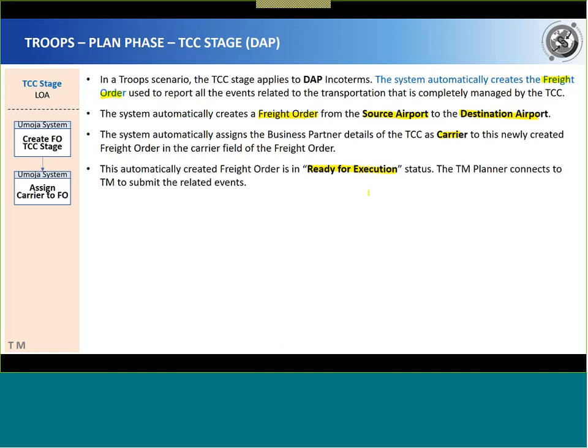So definitely the system allows to do that. So at the moment, we do the upload of the Excel file. The system creates the forwarding order, creates the freight unit, and creates the FO. Okay, so also the FO is already ready for execution, and it can be managed from TM. So we said that TCCs will not have access to the carrier collaboration portal as freight forwarders will.